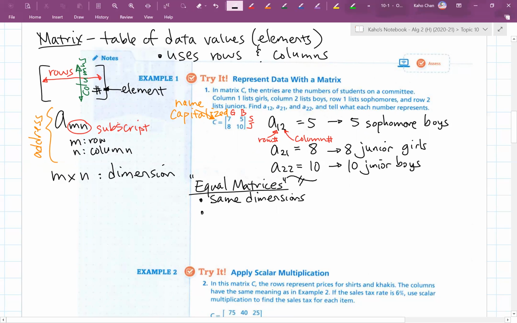And when you have equal matrices, you can manipulate numbers in those positions, whether they throw in some variables or equations or elements. Each element, write this down, corresponds to each other's address.